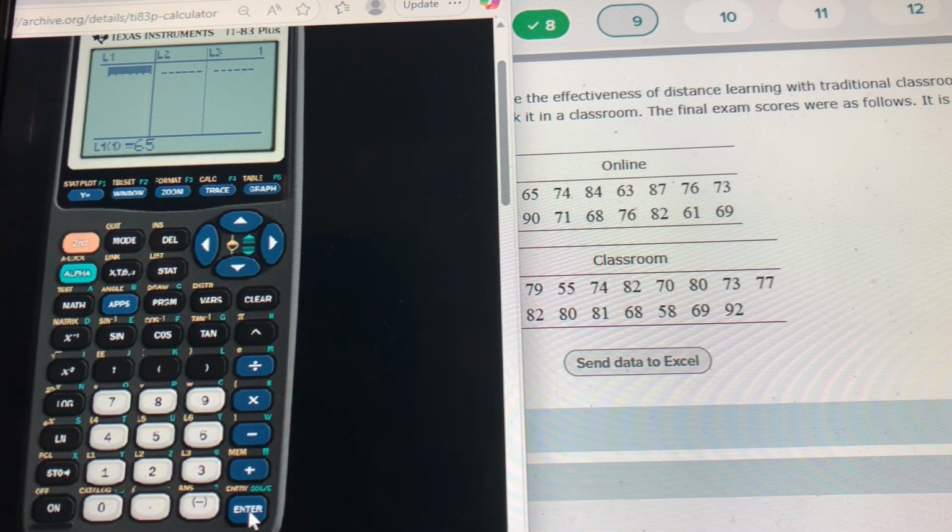Okay, 65, 74, 84, 63, 87, 76, 73. Now, even though there's a second row, keep going. 90, 71, 68, 76, 82, 61, 69.